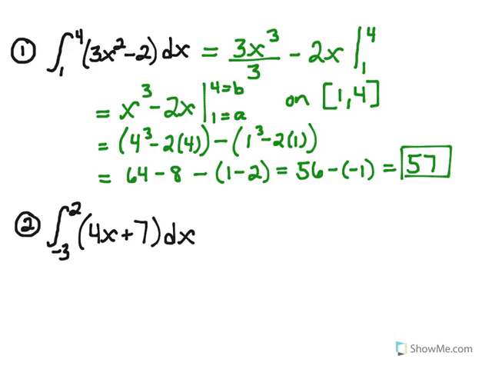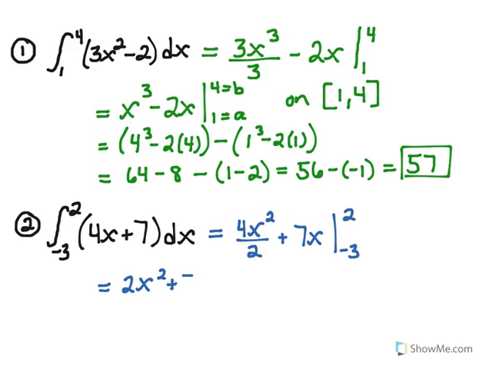We're going to find the antiderivative of 4x plus 7 evaluated from negative 3 to 2. So, again, using the power rule, I'm going to have 4x squared divided by 2 plus 7x, and we're going to evaluate from negative 3 to 2. So that's equal to 2x squared plus 7x from negative 3 to 2.